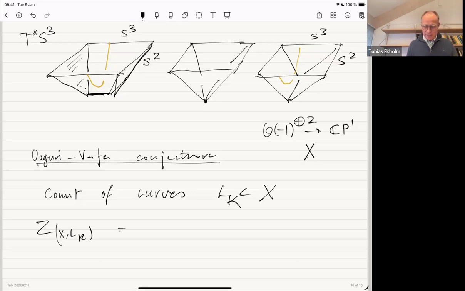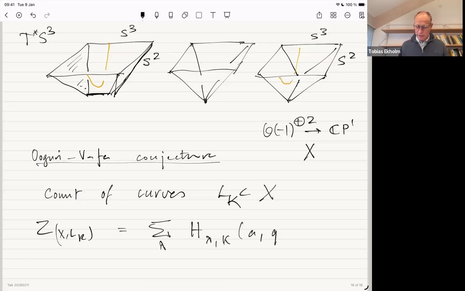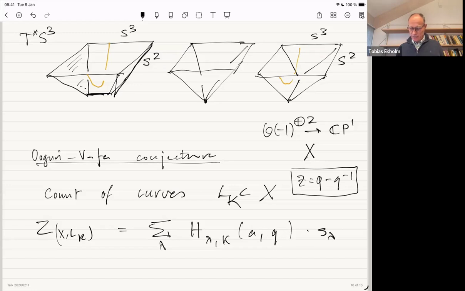It's the sum of Homfly polynomials, sum over all lambdas, in A and Q, where they write Q minus Q inverse equal to z, some change of variables from our count. Times some kind of formal variable.